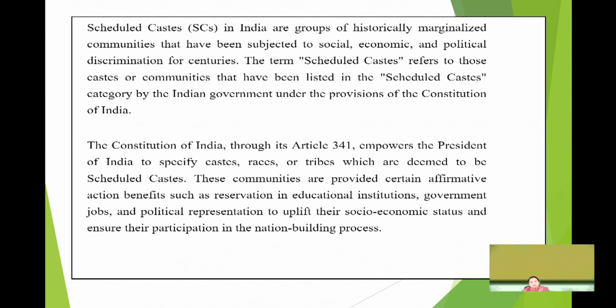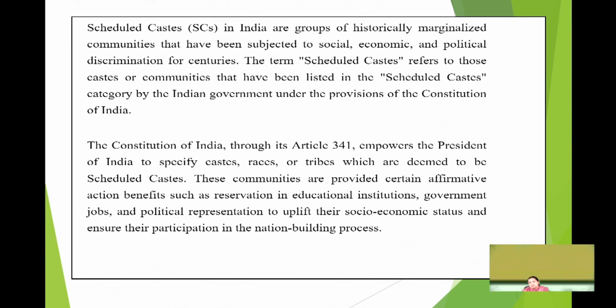As I told you, Indian society was divided hierarchically into different caste groups, and those groups of castes who were historically marginalized, in some other terminology we say that they were in low paying occupations, or normally they were doing the occupations which were considered to be polluted. They were either manual scavengers, or they were dealing with the hides of the dead animals. And all these groups of people were termed as scheduled castes.